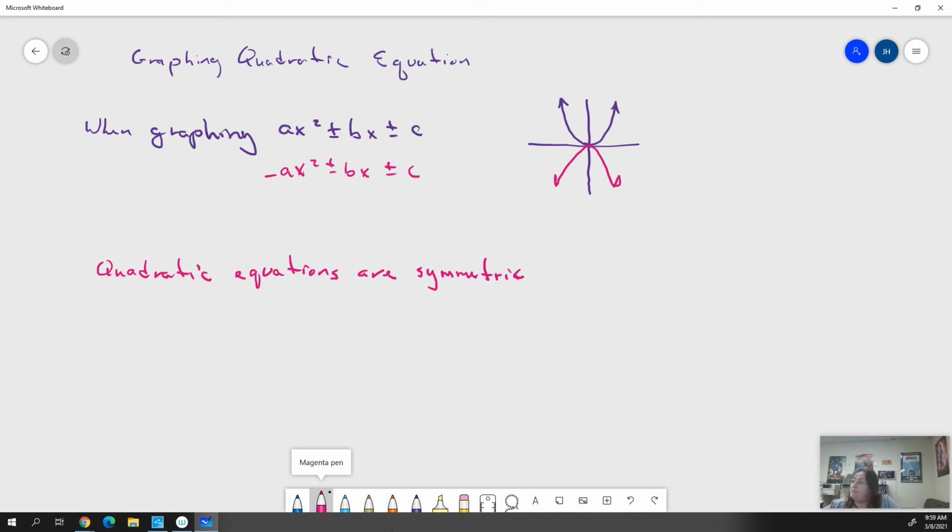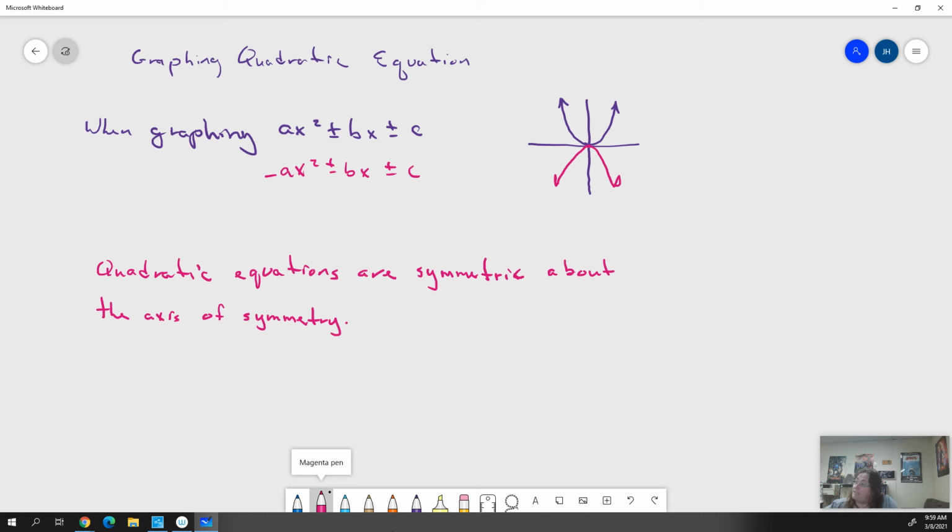When we say that they're symmetric about the axis of symmetry, the axis of symmetry is really just this line.